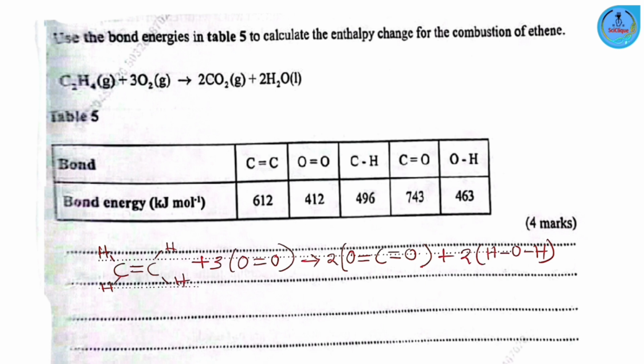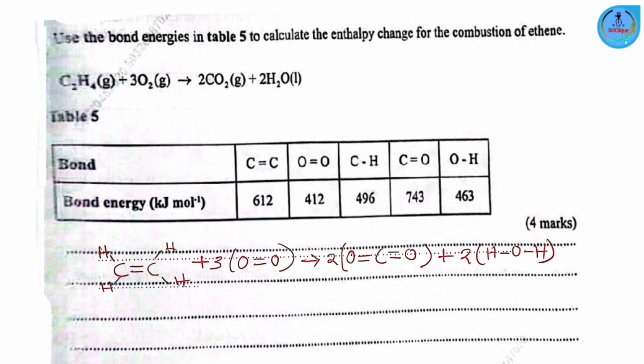On this side of the equation where the reactants are, we have ethene and oxygen. What products are formed? Carbon 4 oxide and water. These are 2 completely different products. So the reactants are broken down to form atoms, and then these atoms rearrange themselves to form the products.